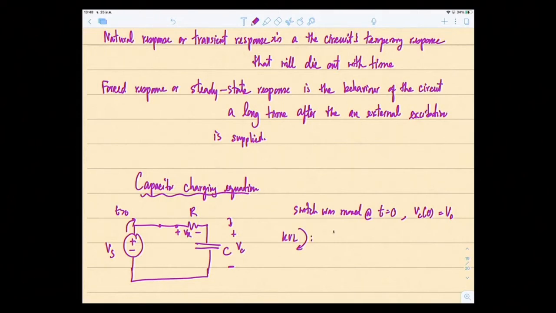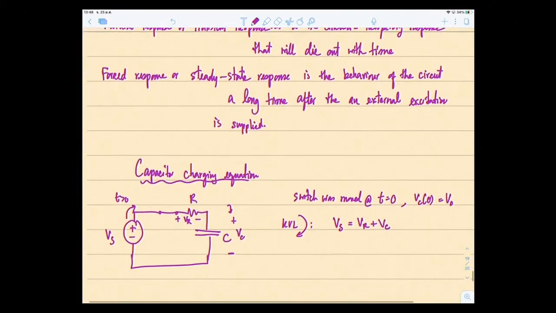We would have Vs equal to VR plus Vc. Of course, VR is equal to R times I. Correct? So you would have Vs equal to R times I plus Vc.